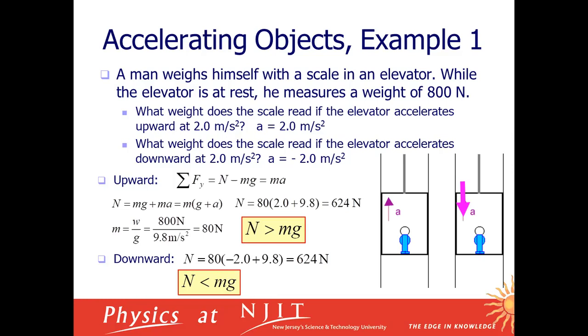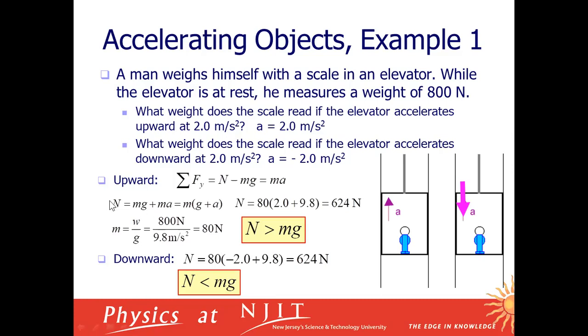To determine now the weight, or the mass: mass is equal to weight all over gravity, 800 newtons all over 9.8 meters per second squared, or 80 newtons. Hence, your normal force N is greater than the weight.